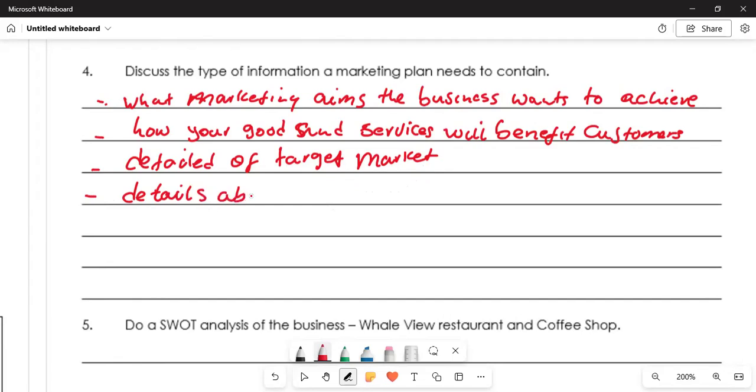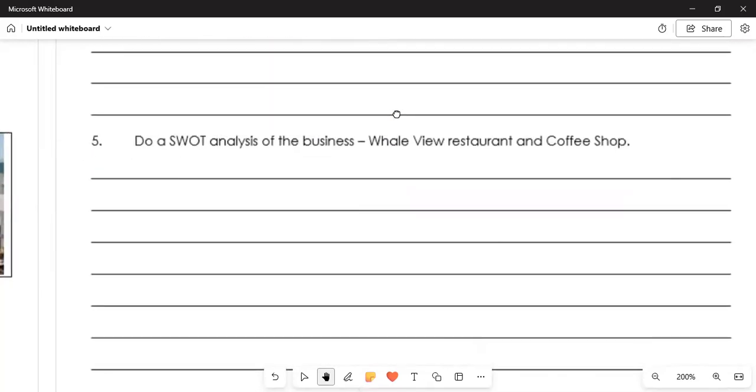How are you going to win them? How are you going to have competitive advantage? That is that. So now let us move on to question 5.